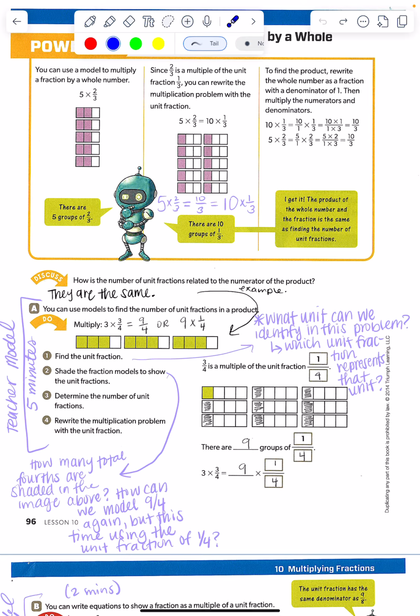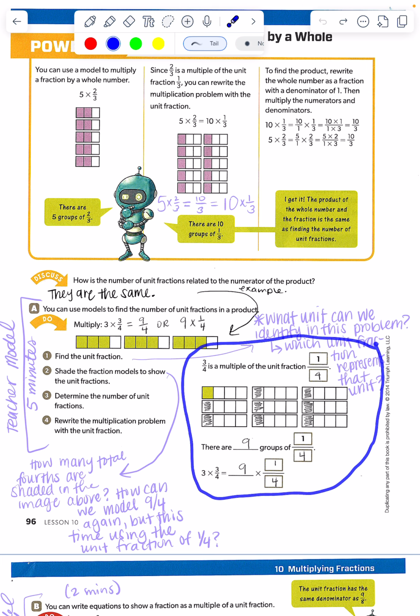Well, there are 9 of those fourths that need to be shaded. So the unit fraction multiplication sentence that we would write is 9 times 1/4. And so then you would model this piece as well to show them that correlation.